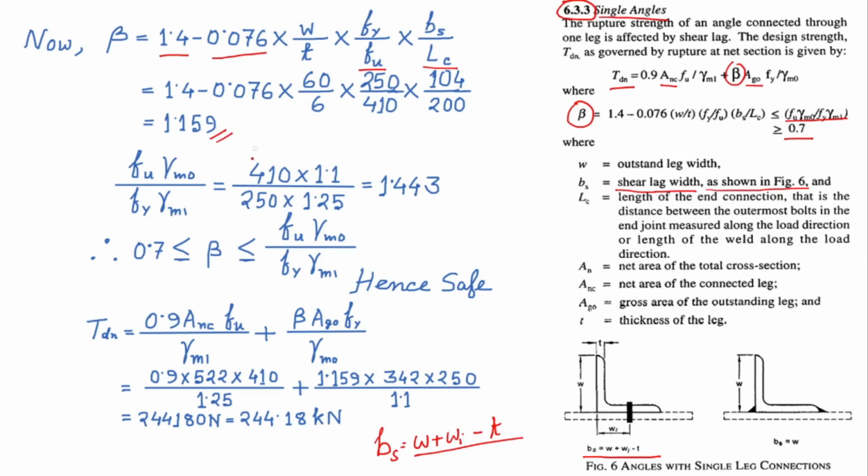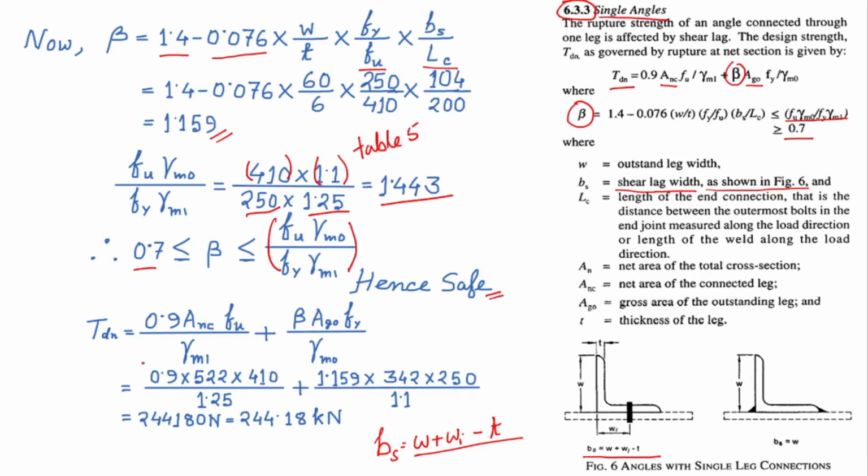Fu is the ultimate strength 410, gamma m naught is 1.1 taken from table 5. Then Fy we know, yield stress, gamma m1 1.25, and the value of this fraction is 1.443. So we have seen that the value of beta, which is 1.159, is greater than 0.7 and less than the given fraction, this one, hence it is safe.